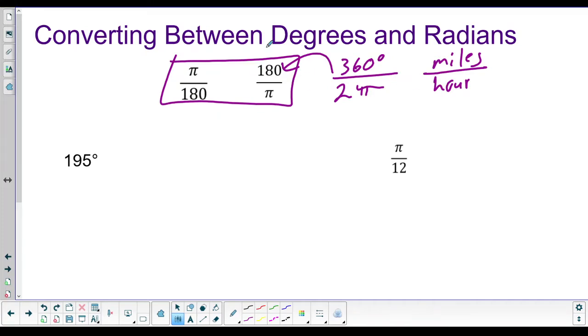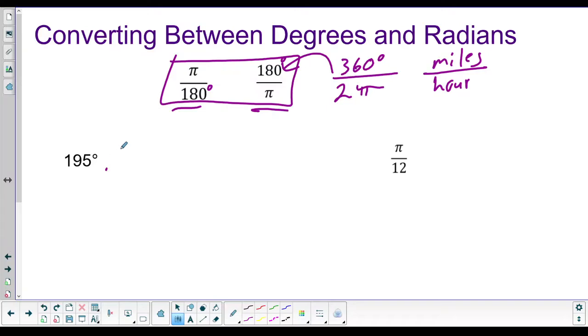So to convert from one to the other, we're going to multiply by one of these 2 fractions. The way you know which fraction to multiply by is whatever you currently have, that same unit should be on the bottom of the fraction you're multiplying by. So I currently have degrees for this 195 degrees.